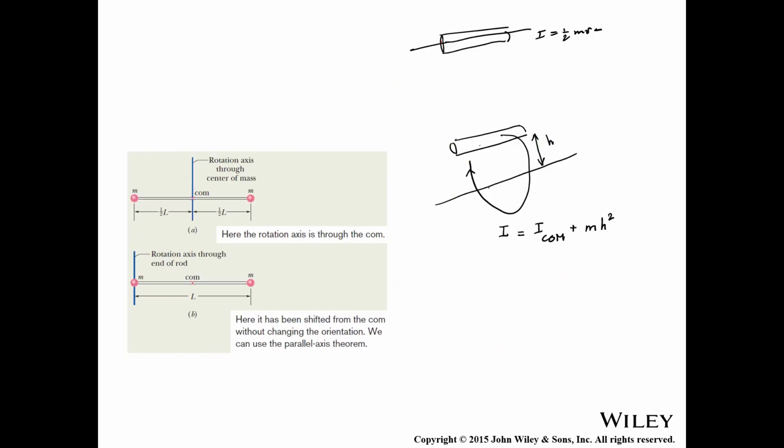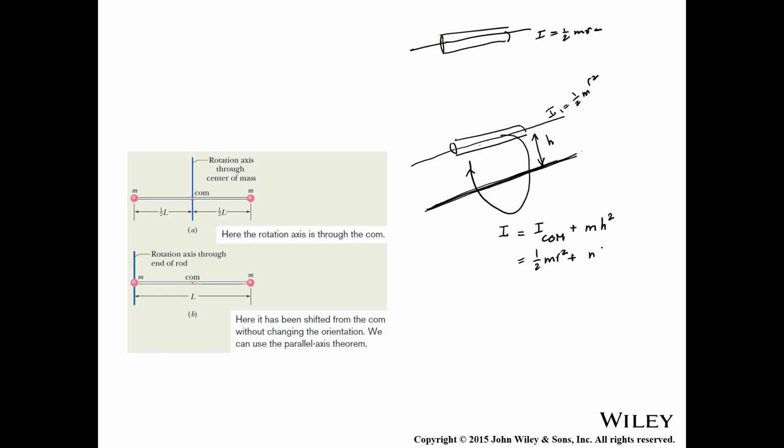So to find the rotational inertia around this axis, I will need an axis passing through the center of mass and parallel to this axis, which is this axis basically. I know the rotational inertia of this axis is half mr squared. I'll use it here.